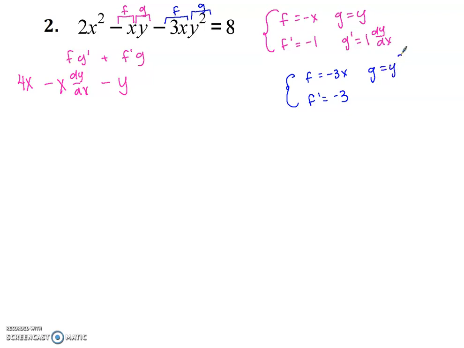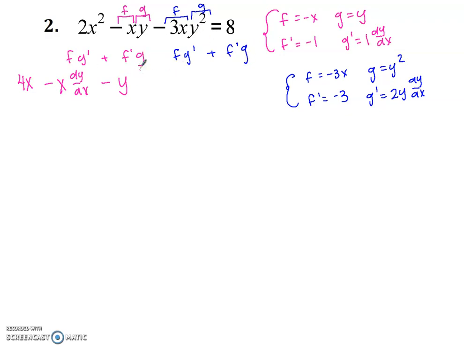My g is y squared. So g prime is 2y, but tack on the dy/dx since we took the derivative of something with a y. Okay. And now we'll have to do a second product rule for this term.